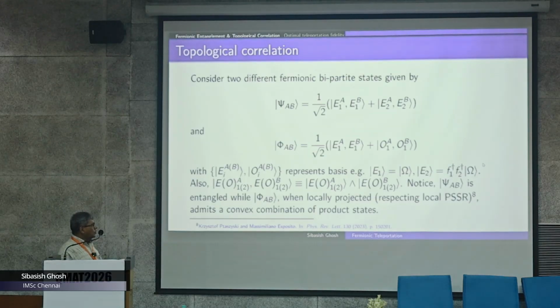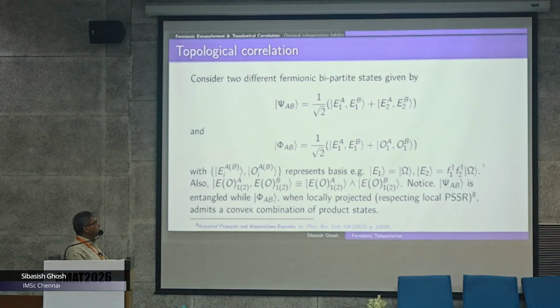Okay, so there is something which is important when we talk about teleportation. There are two kinds of entanglement. These are just examples. For example, if I take a state like this, this is an even parity state in Alice's system. Now I am talking about a 1 cross 1 mode, and this is an even parity state in Bob's system.